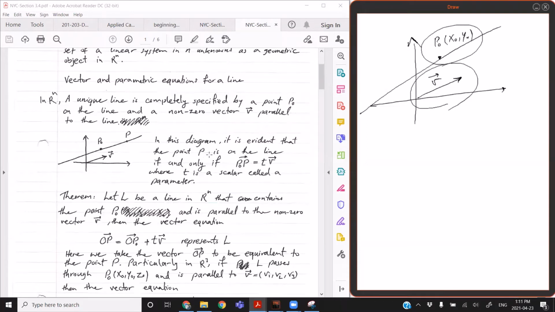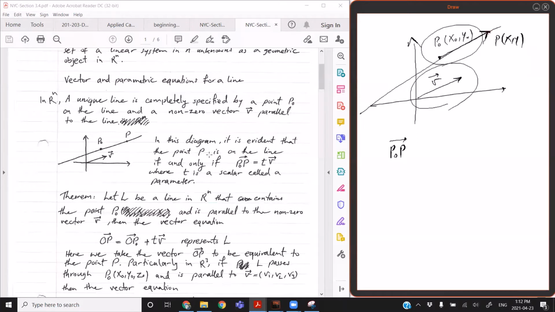Now, any point that is on this line, so think of, for example, this arbitrary point (x, y) on the line. Then I can create a vector that goes from P0 to P, the vector P0P. And you would agree that this vector P0P is parallel to the vector V if and only if P is part of the line.